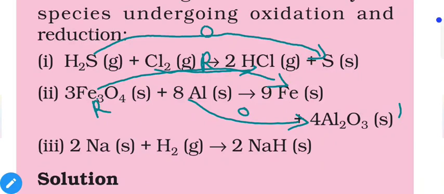Now for the last reaction, sodium plus hydrogen gives NaH. Sodium is an electropositive element compared to hydrogen. Keep in mind, sodium is electropositive and hydrogen is more electronegative than sodium. So we are adding hydrogen into the sodium. So we can consider it as reduction, because we are adding hydrogen.